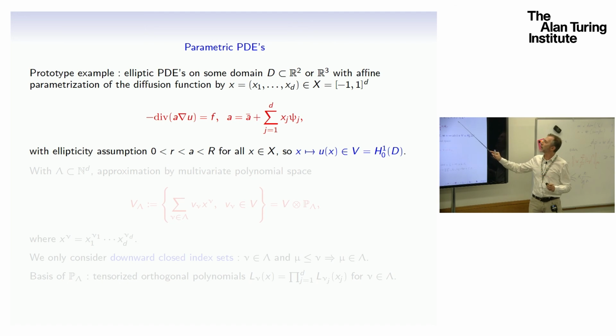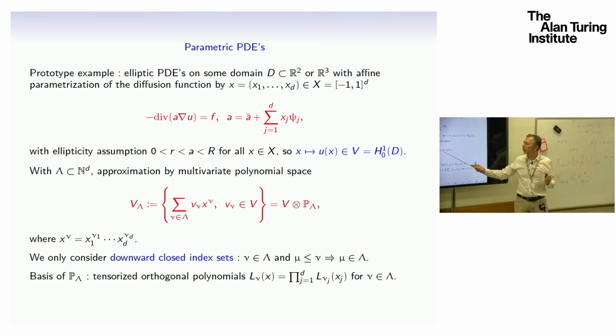So if you recall my prototype example of this piecewise constant diffusion field, you can view it in that form, where a-bar is some kind of average field and then a linear combination of shape functions, and these y_j are your parameters. In my example, these psi_j were just the characteristic functions of these subdomains, but this could be quite general, and we usually ask for some uniform ellipticity assumptions such that this map, the PDE, is well posed in H^1_0. And we are going to do something a little bit similar here.